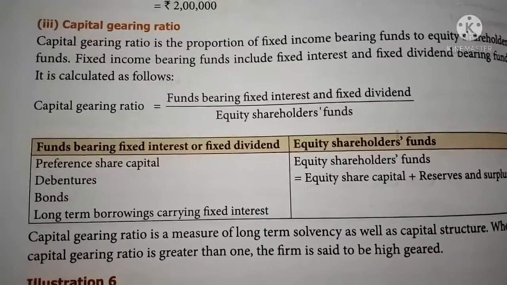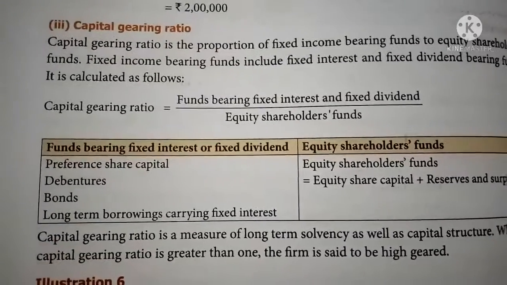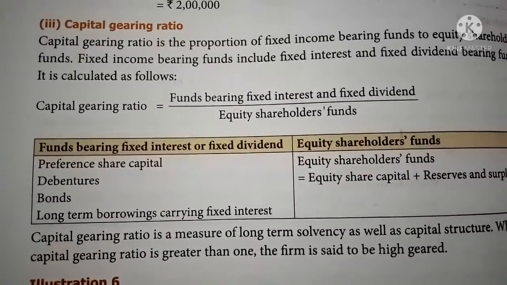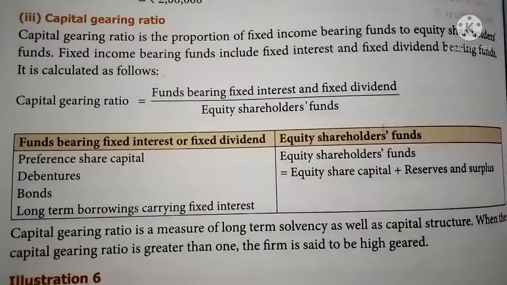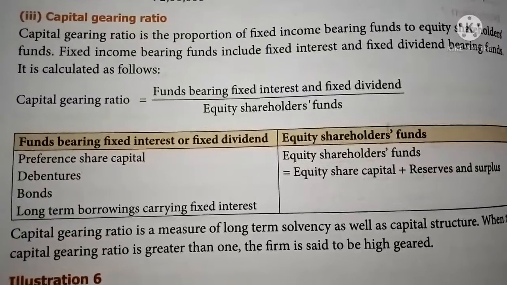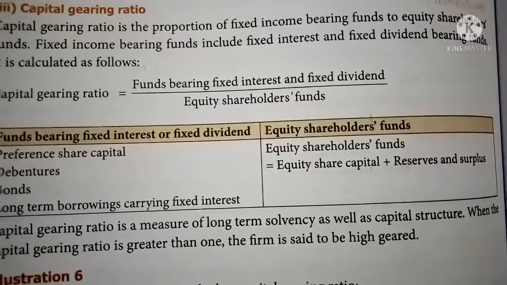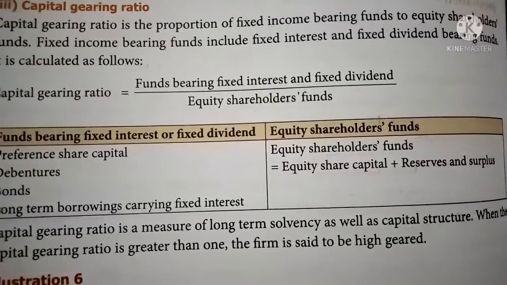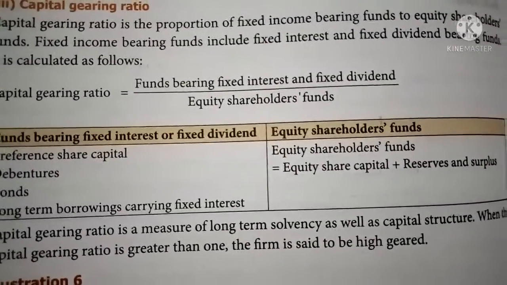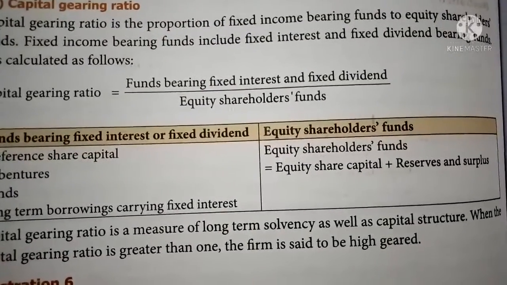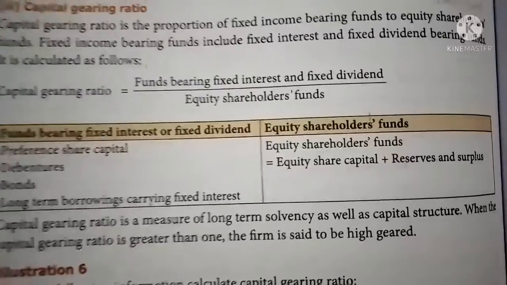So you should take all these four values in order to find out funds bearing fixed interest and dividend. Equity shareholders fund means equity share capital plus reserves and surplus. You should not take preference share capital for equity shareholders fund. We should take only the equity share capital plus reserves and surplus.